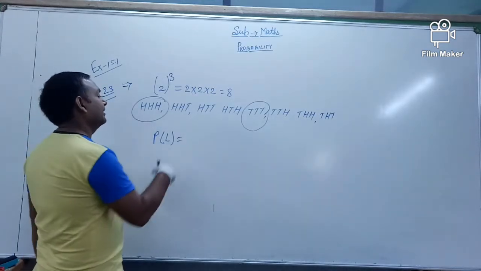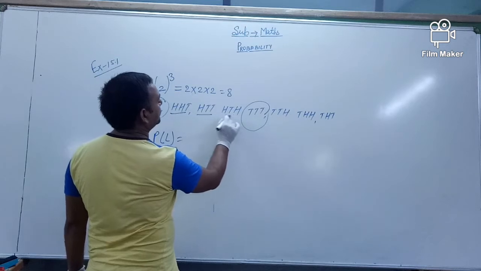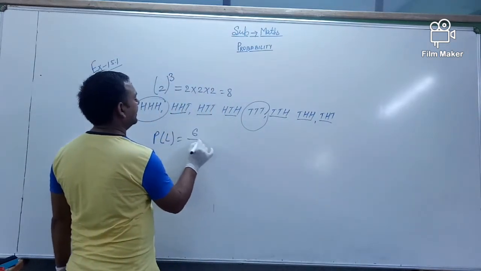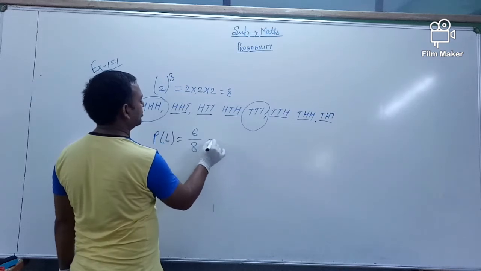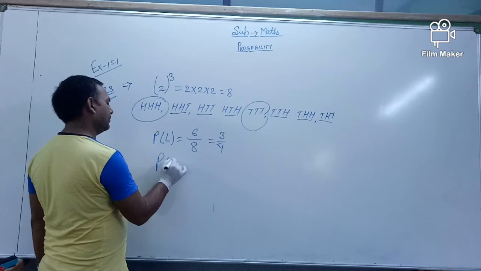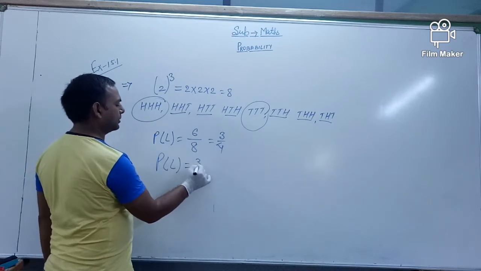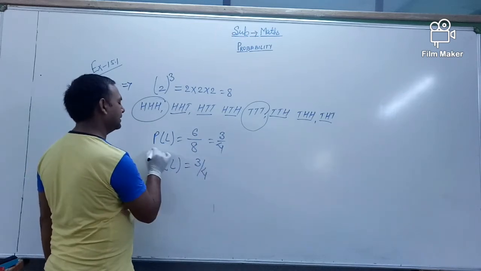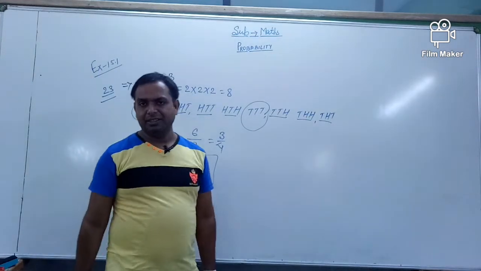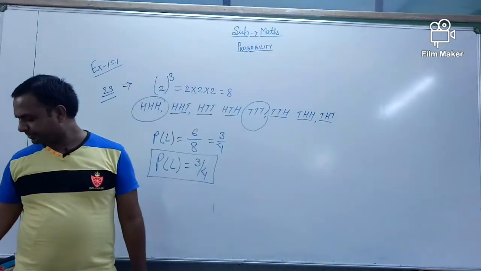Here you see 1, 2, 3, 4, 5, 6. So this is 6 and total outcomes are 8, which equals 3 by 4. So the probability of losing the game is 3 by 4, and that is the answer. Okay, I think all of you understand.